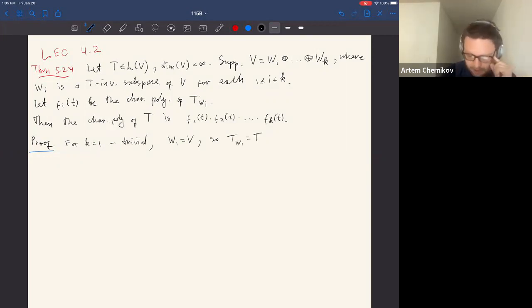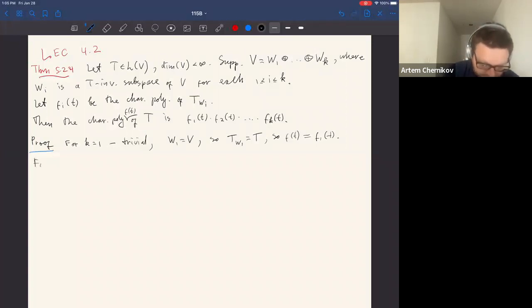Let's call the characteristic polynomial f(t) here. So f(t) is going to be the characteristic polynomial of T. In this case, of course, f(t) is equal to f1(t). So this is the case k equals 1, nothing to prove here.